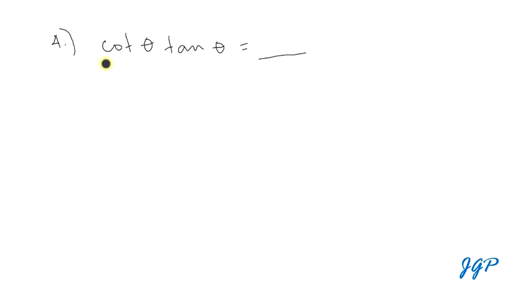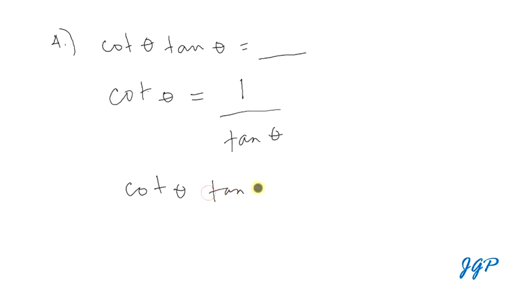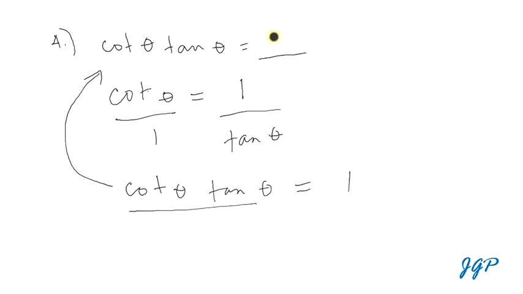We have cotangent theta is equal to 1 over tangent theta. And if we cross multiply this one, cotangent theta times tangent theta is equal to, right, we know that we have here a denominator of 1. So, 1 times 1, that is 1. So, they are the same. Here. So, meaning, our missing value is 1.